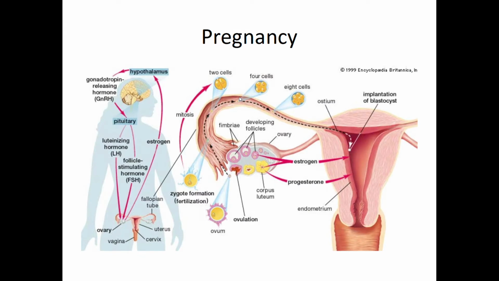Now, we'll talk a lot more about pregnancy next week, but looking at the very early stage, what's important is once that egg is released, it's fertilized in the fallopian tubes and begins development there, the first sets of division, and then it implants into the uterus as a blastocyst.